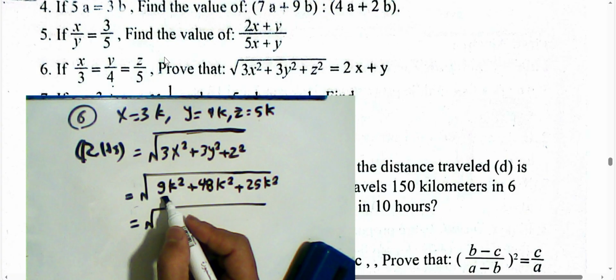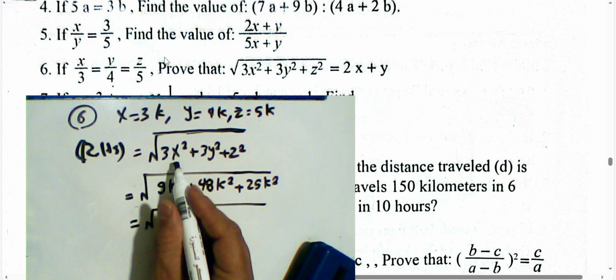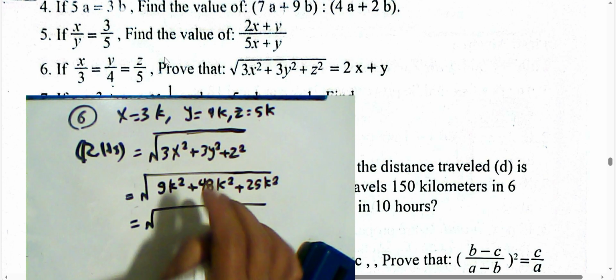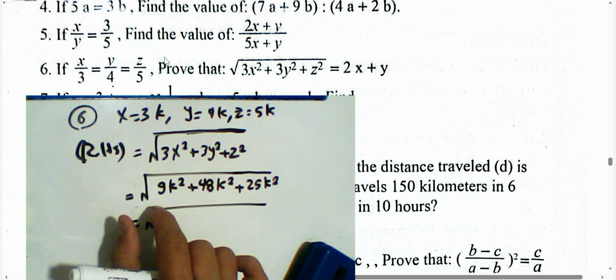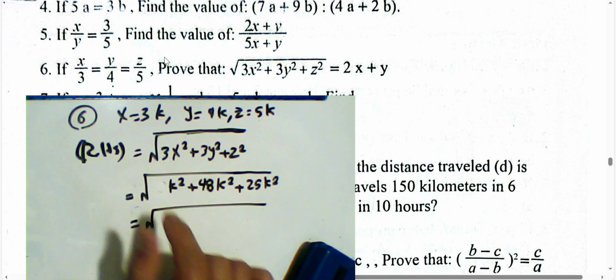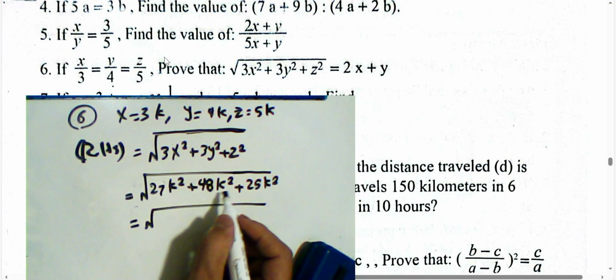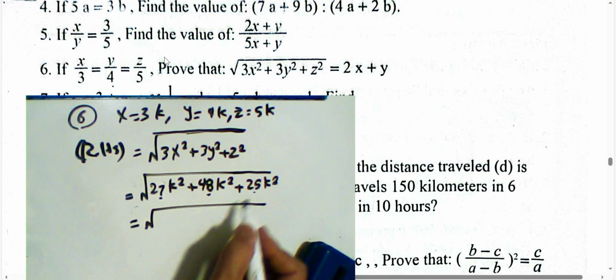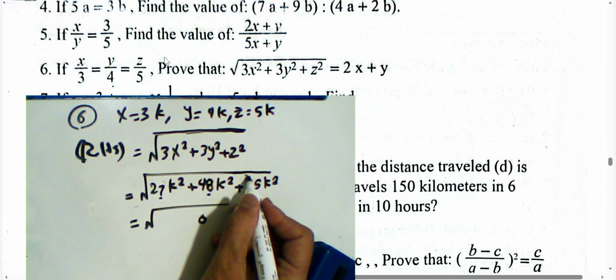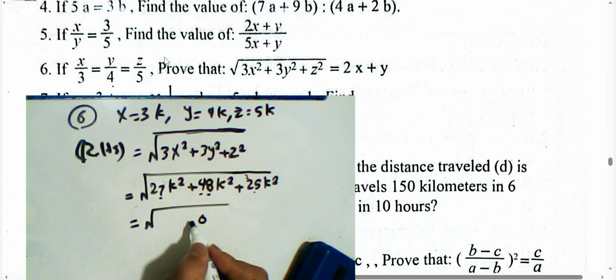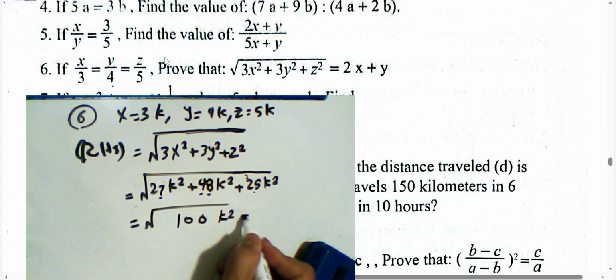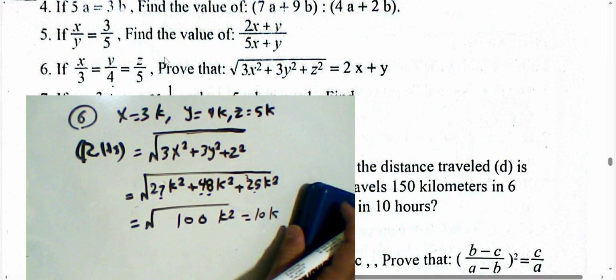We have 3x power 2, 3 times 9 is 27. 7 plus 8 is 15, 15 plus 5 is 20, 0 and carry 2. 2 plus 2 is 4, 4 plus 4 is 8. The answer will be 100k power 2, so the square root is 10k.